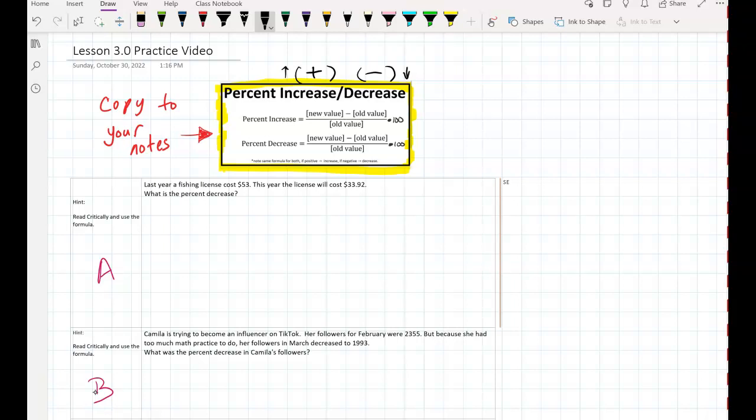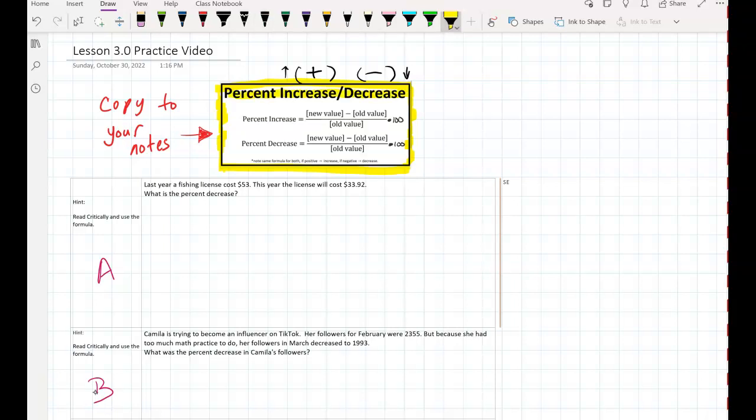All right, so the first thing I want you to notice is that it says here to copy to your notes. So the very first thing you need to do, very neatly and tidy, at the top of lesson 3.0 in your math notebook, is this right here where it says percent increase and decrease.